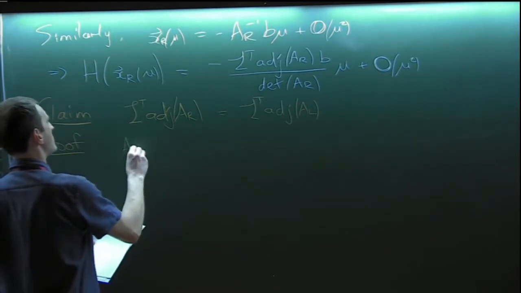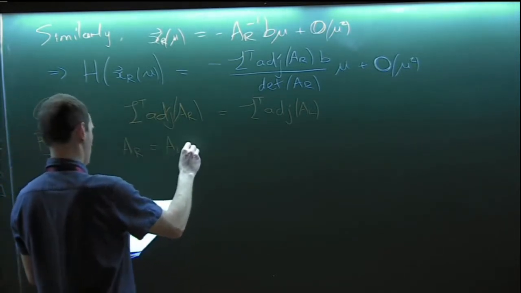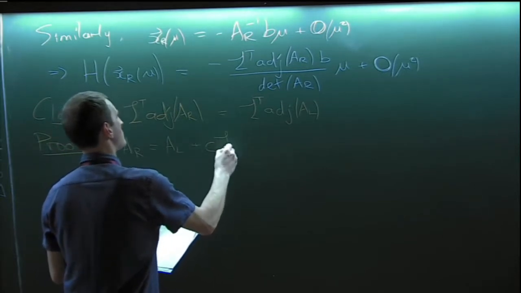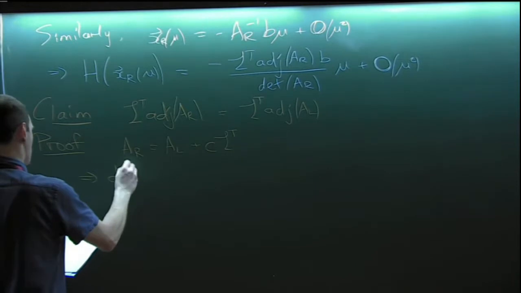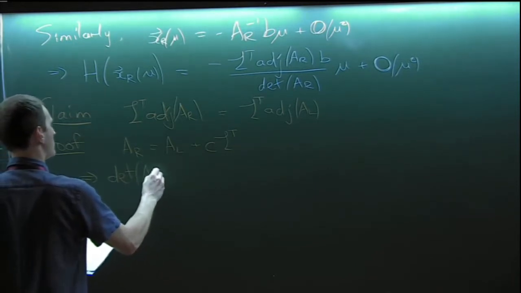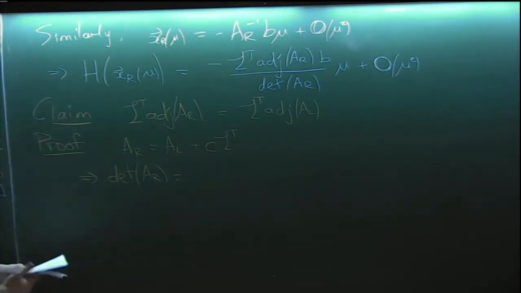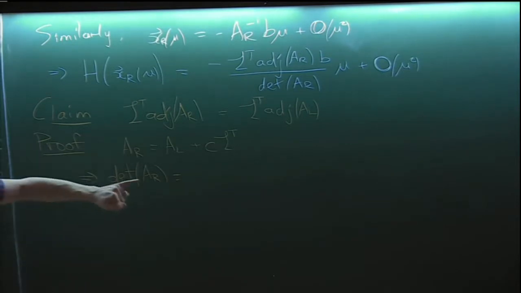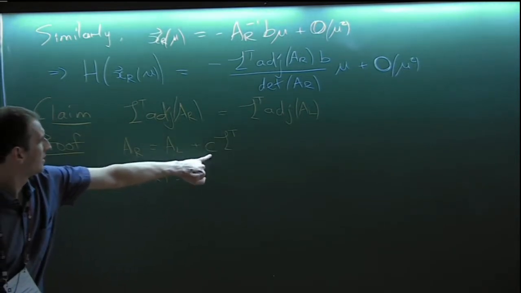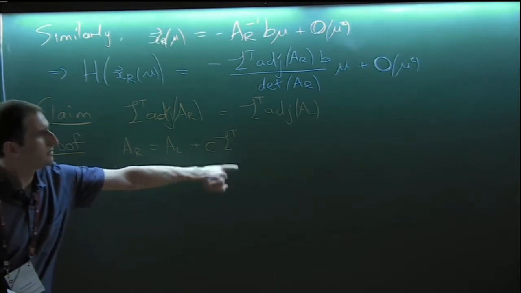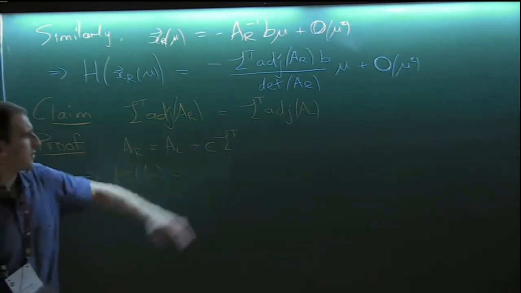Okay, so we're given that AR is AL plus some column vector C times zeta transpose.